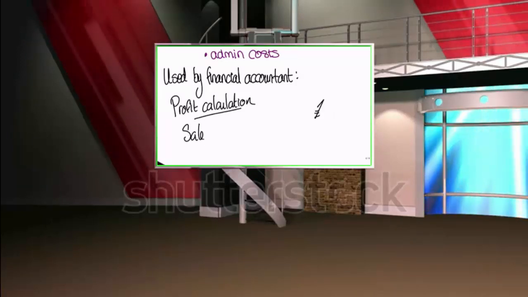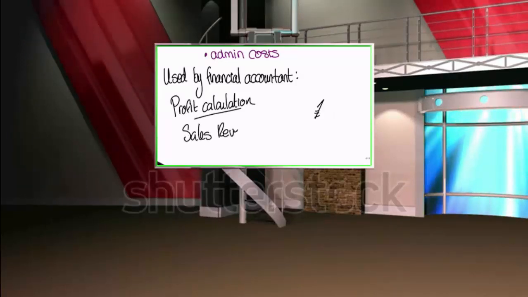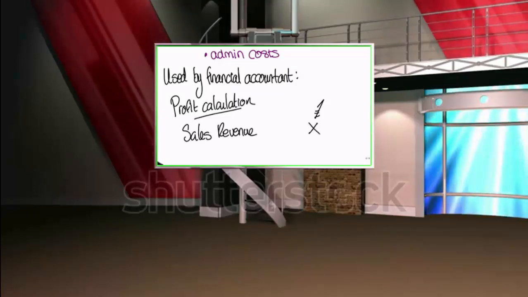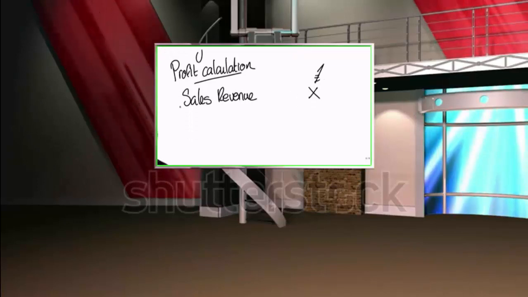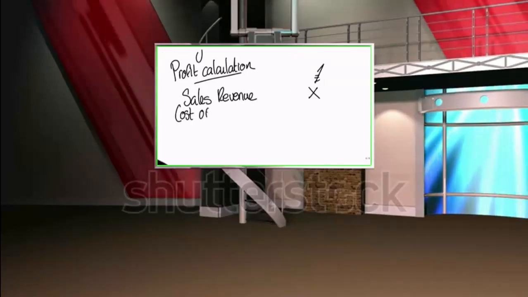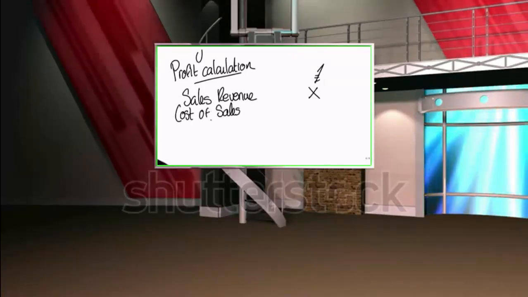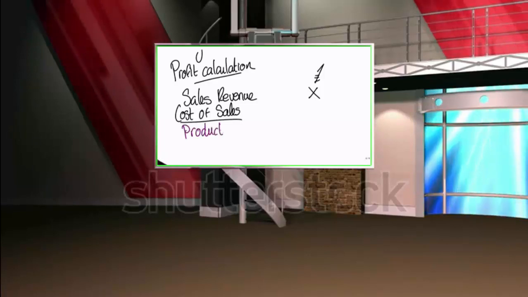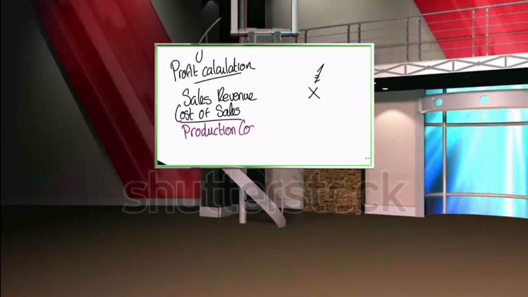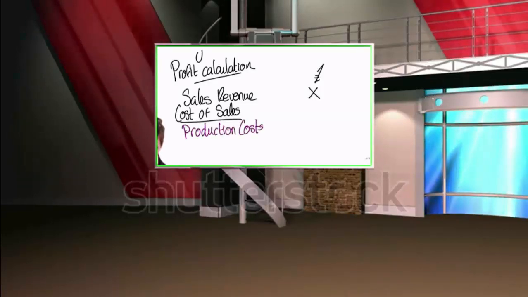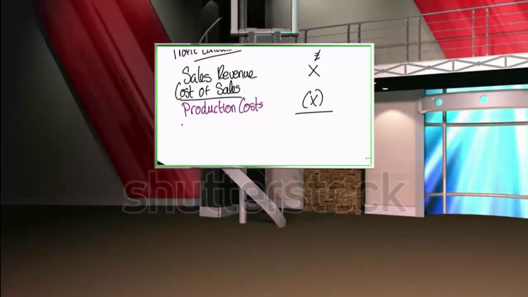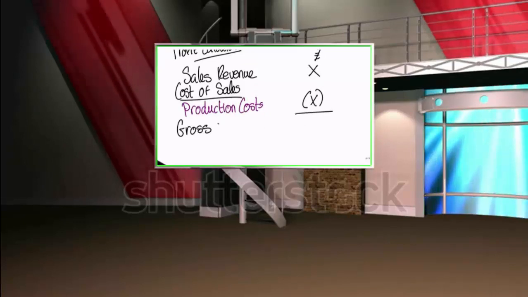first they will look at their sales revenue, from which they will deduct the cost of sales. Now, the cost of sales will be production costs. Subtract that from sales revenue to give us gross profit.